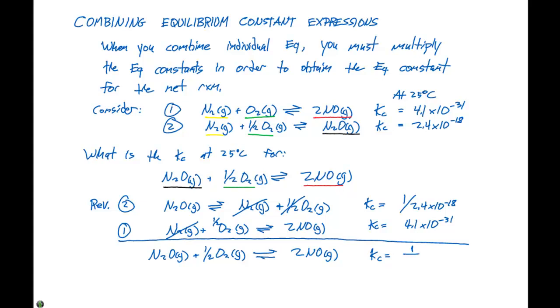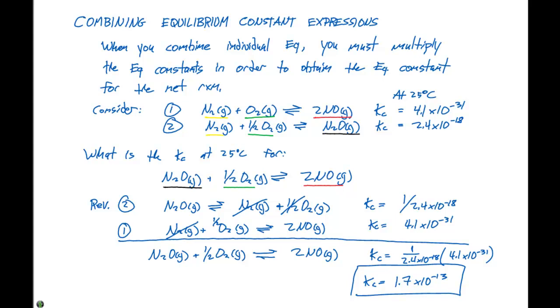So it's going to be 1 divided by 2.4 times 10 to the minus 18 times 4.1 times 10 to the minus 31. When we multiply these out, our Kc is going to equal 1.7 times 10 to the minus 13. This indicates that the reaction will not go forward very far, and it's going to favor the reactants.